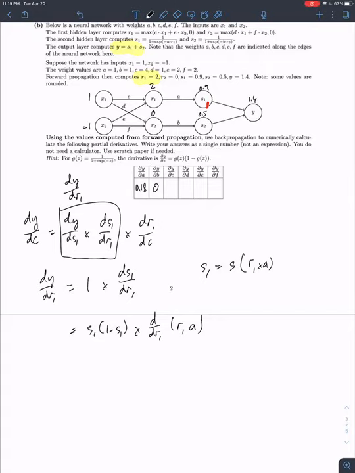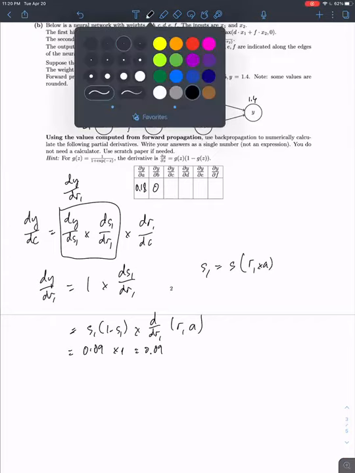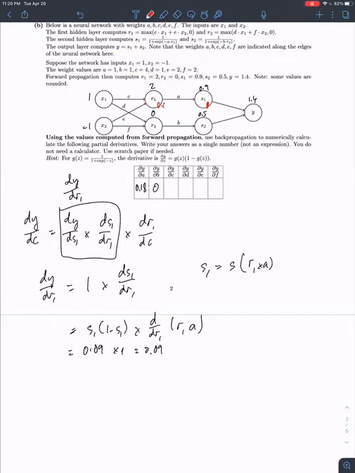S1 is 0.9, so this is 0.9 times 0.1, which is 0.09. And d(r1 a) dr1 is just a, which we can look up in the problem: a is equal to 1. So 0.09 times 1 is 0.09. So dy dr1 is 0.09, and I'm going to write that down so I don't forget.